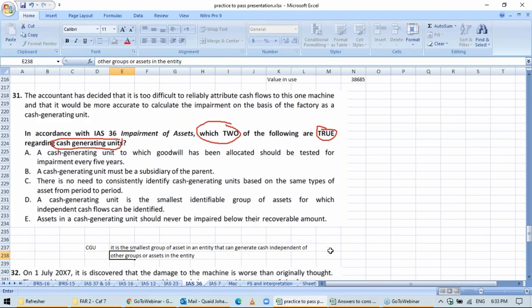So it's the smallest group of assets that can, without the help of other assets or groups of assets, generate cash independently. It can generate revenues independently in the company.